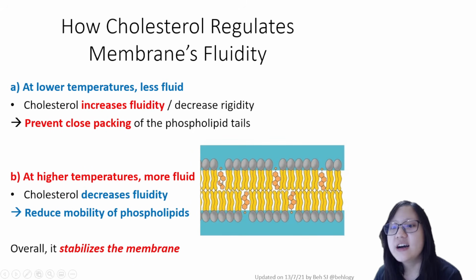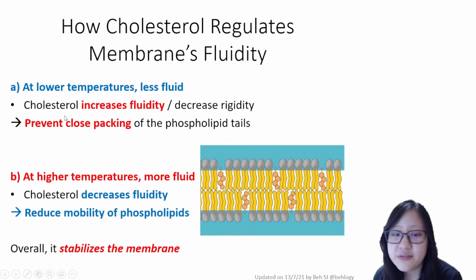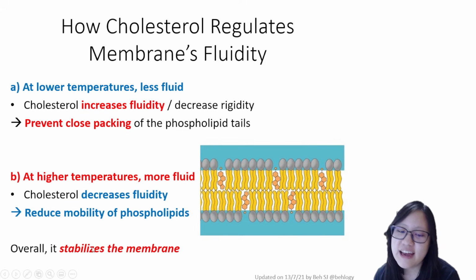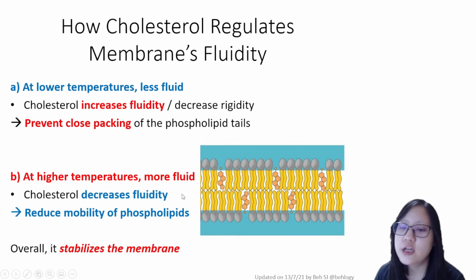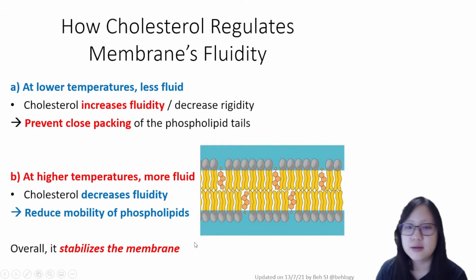Don't forget though, like we learned just now, that cholesterol is not the only factor that can stabilize the membrane. The cell can also change the length or the saturation of fatty acids in order to regulate membrane fluidity.